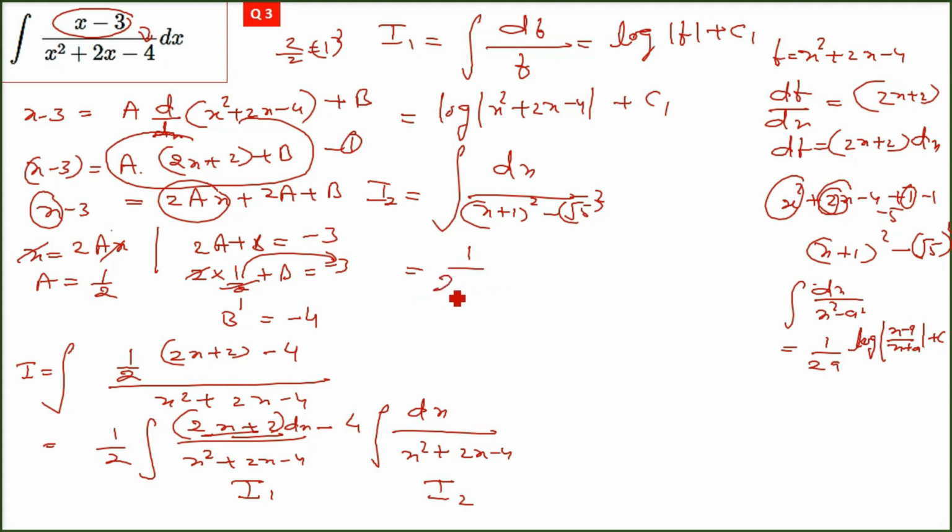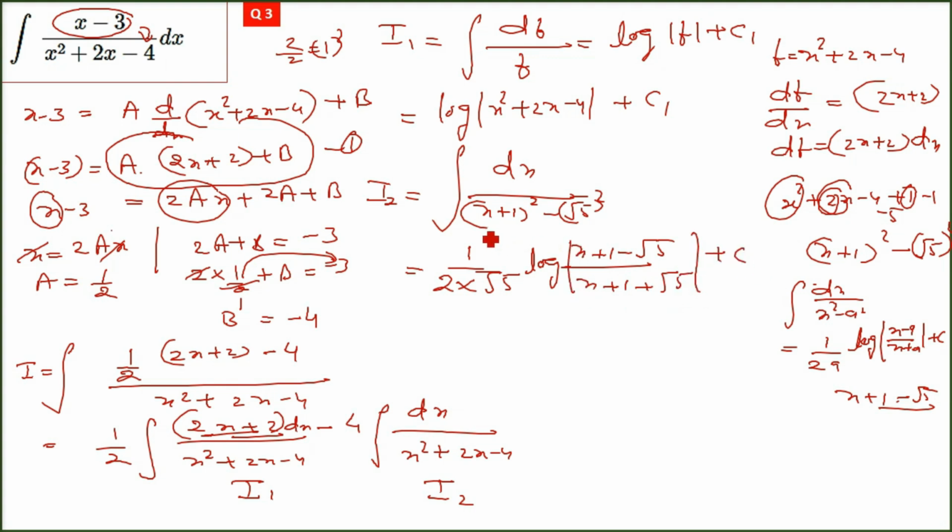So I'm writing the final answer: 1 by 2a, a is root 5 here. Then log of x plus 1 minus root 5 in the numerator, and x plus 1 plus root 5 in the denominator. There will be no change, so directly x plus 1 minus root 5 by x plus 1 plus root 5. This is inside the modulus sign plus constant of integration, which is your c2.